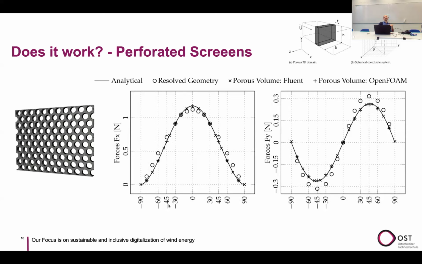So when the flow is incoming orthogonally, obviously there are no tangential forces. It just goes exactly through the screen. But for example, at a 45-degree angle, the tangential forces become quite important.